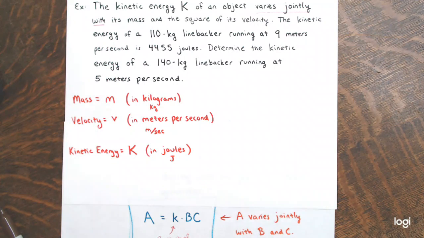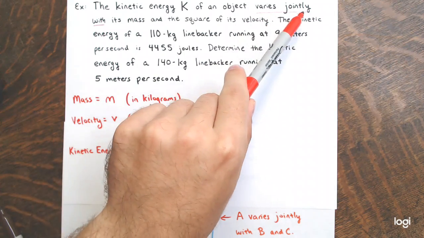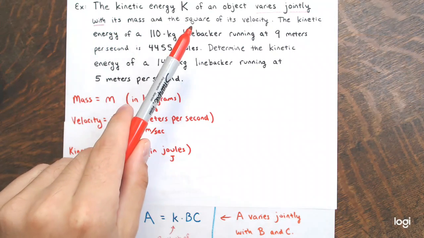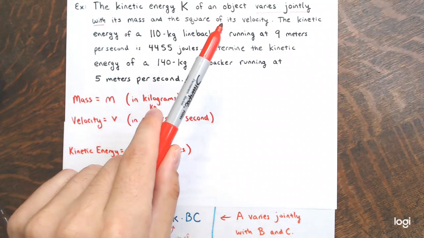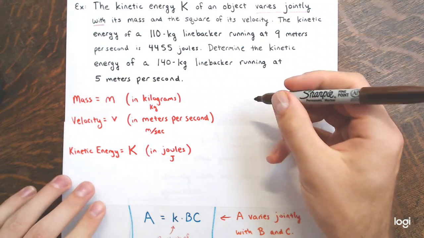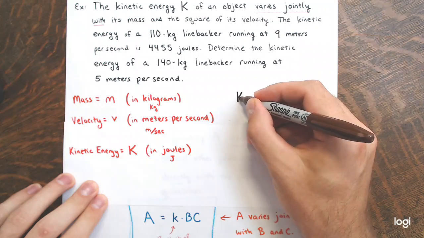All right, and we're told that the kinetic energy varies jointly with its mass and the square of its velocity. So not just its velocity, but the square of the velocity. So the velocity squared. All right, so I'll write that out in words over here. So again, I'll say capital K here.